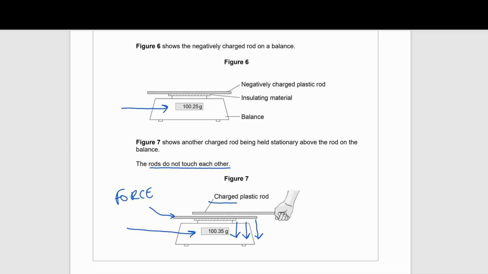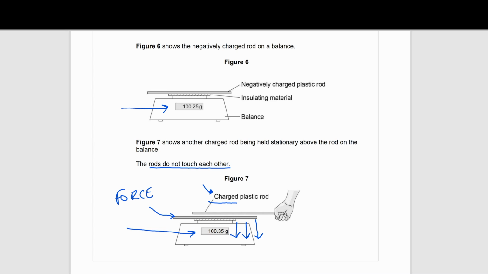If this charged plastic rod is applying a force to our other plastic rod, the only force it could be is some sort of electrostatic attraction or repulsion, because it's to do with the charge.